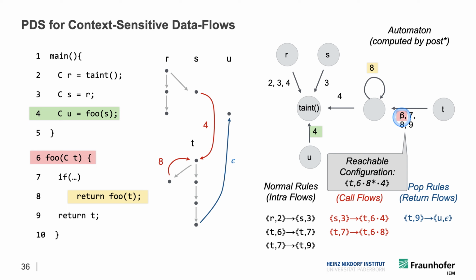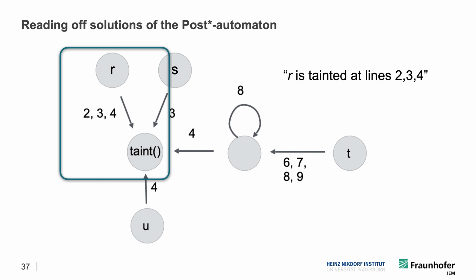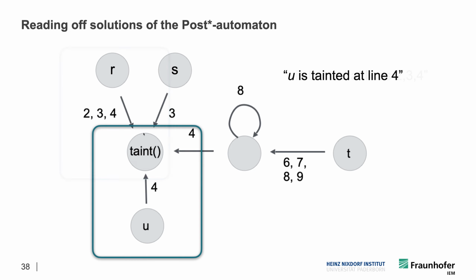And then also, because of all of this, and because the return value actually flows into u, u is also tainted at line 4. That's this greenish part that you see here that basically relates to the left-hand side of that statement. That's how you can read off these solutions. So this is basically telling you R is tainted at lines 2 or 3 or 4.